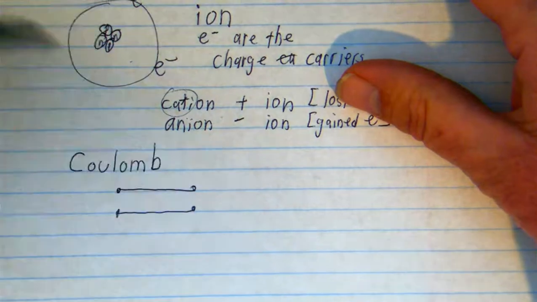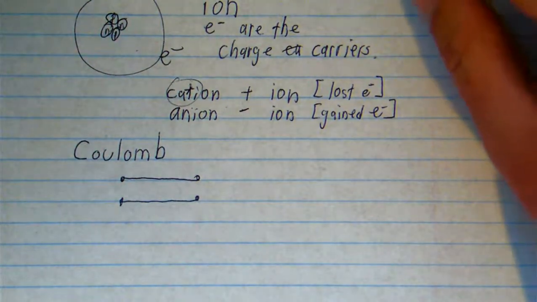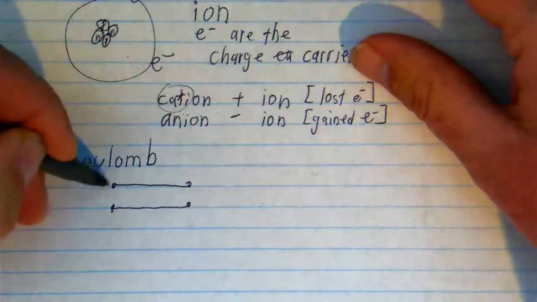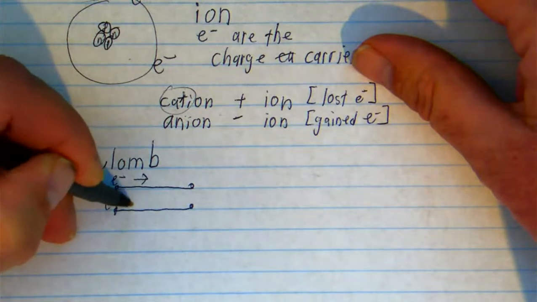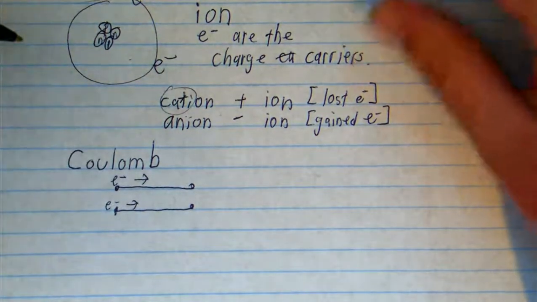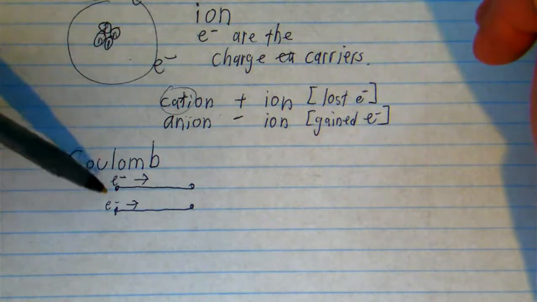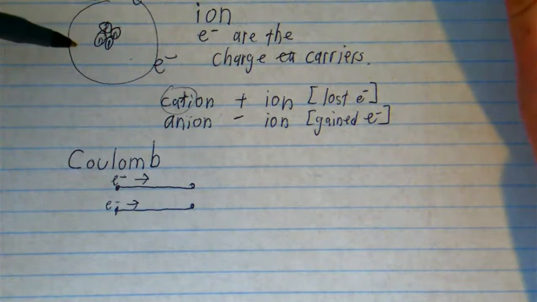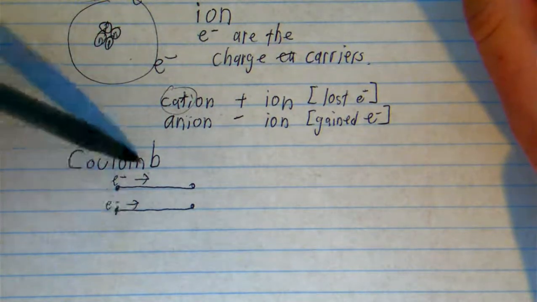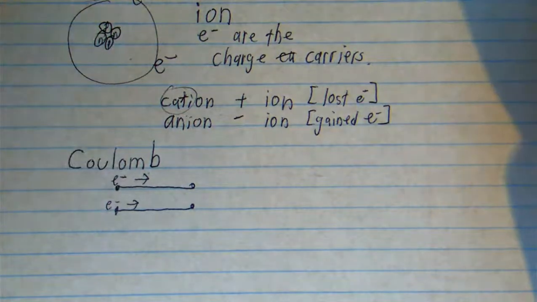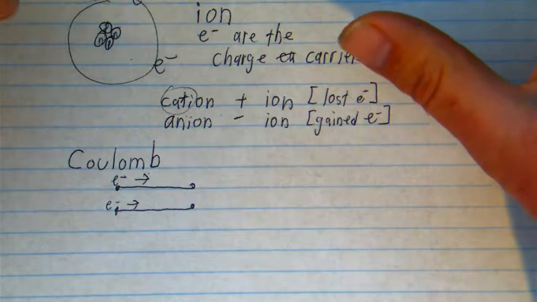Mr. Coulomb took two wires that were parallel to each other, and he sent electrons moving down the wires, maybe even in opposite directions. And what happens is moving electric charge creates a changing magnetic field. And so these became magnets that interacted with each other, and magnets can attract or repel each other.